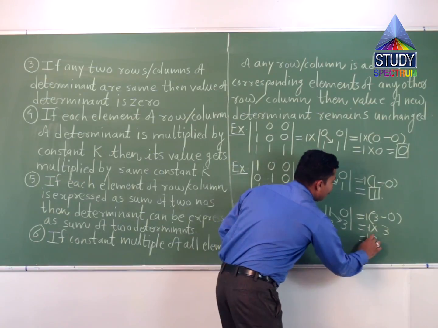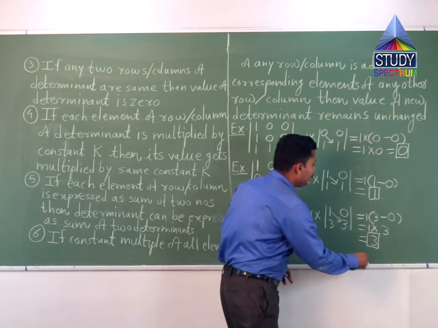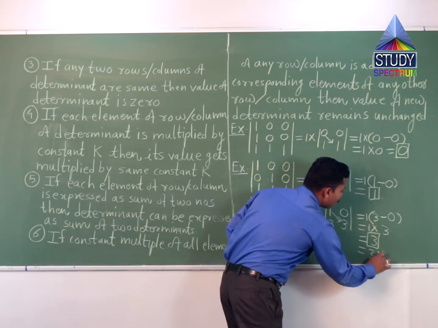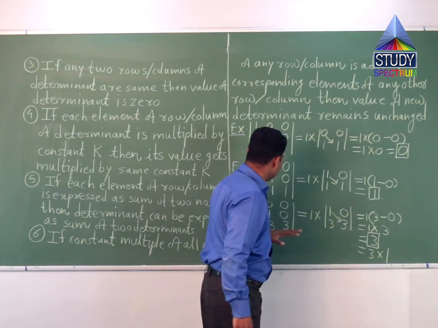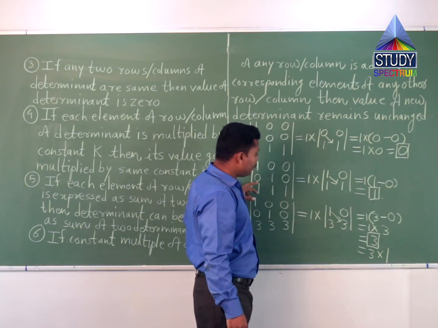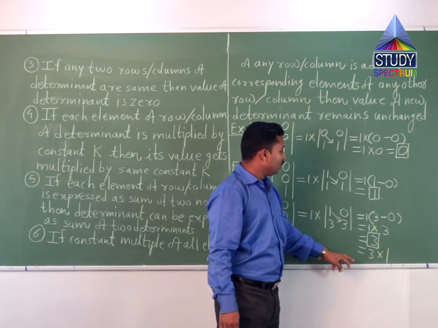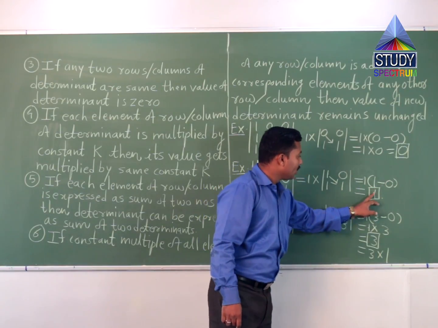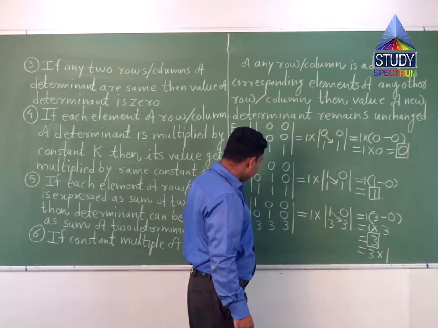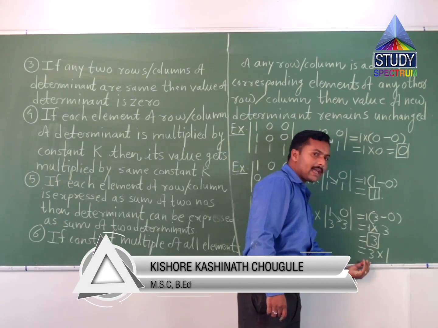Here the value is 1, here the value is 3. So 3 into 1 means 3 times the determinant of the previous one. 3 times 1 means k times 1.